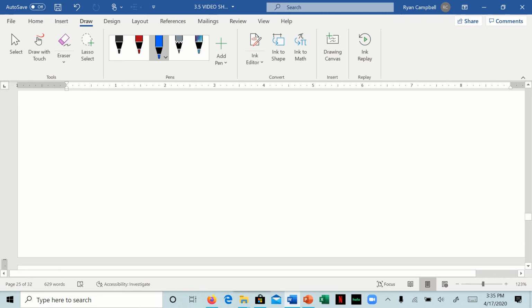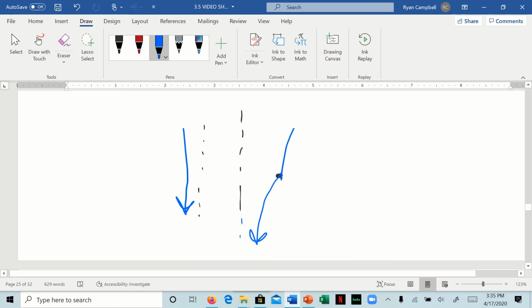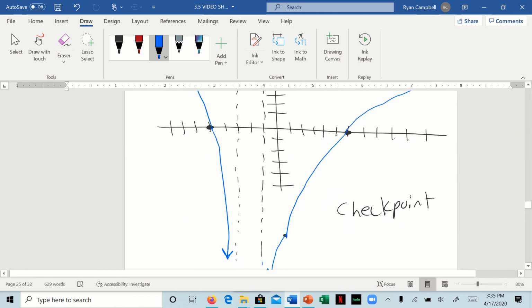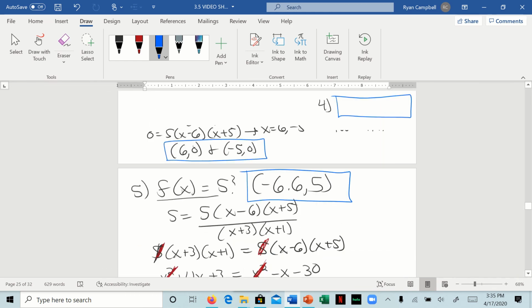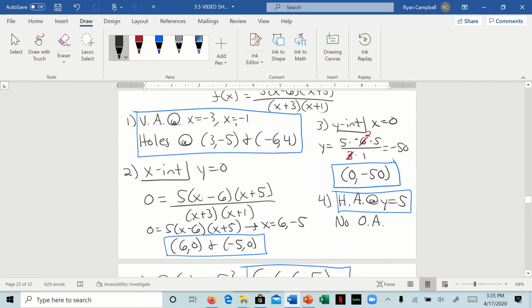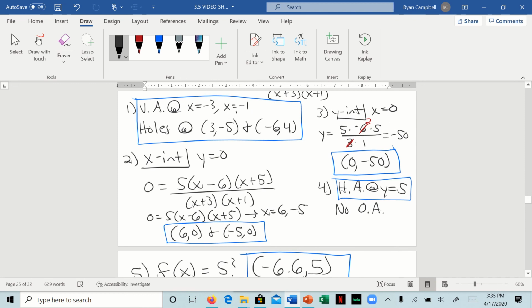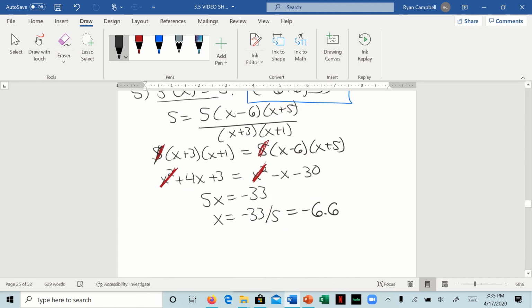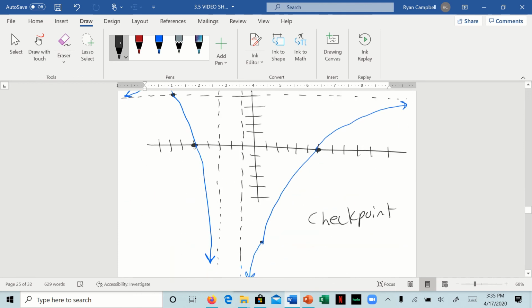Ooh, wait, no, we had holes. Oh, I'm so sorry. Ooh, this is just not going well. Yeah, we had holes here, right? We forgot to talk about the holes. So sorry, this is not going well. So for example number 2, we had holes and we forgot to put the holes in. So we had a hole at 3, -5.